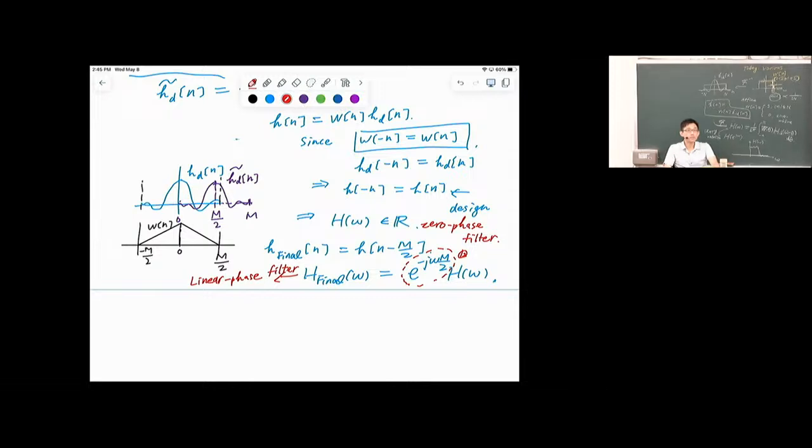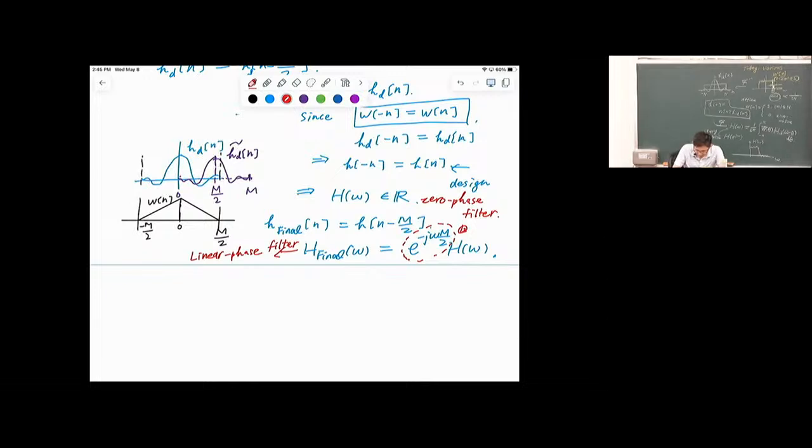But what's important is their group delay. If I ask you, what's the group delay of both of them? That's an important question to ask.